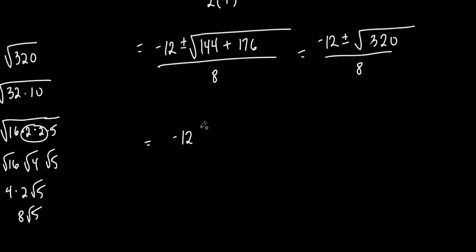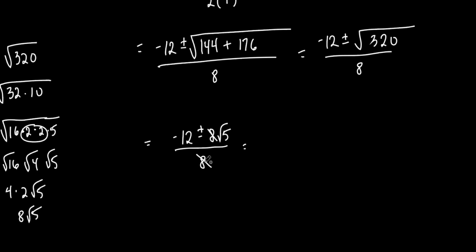So let's write it like that. So it's negative 12 plus or minus 8 square root of 5, and that's all over 8. We good? So let's write it like this. Negative 12 divided by 8 and 8 square root of 5 divided by 8. A lot of people think, oh, the 8 and the 8 cancel, and that 8 doesn't exist anymore.